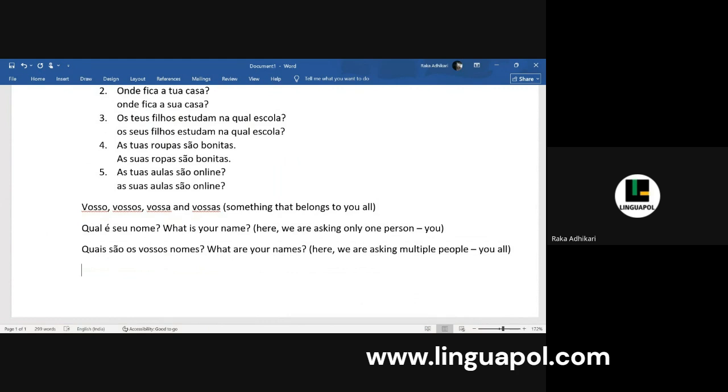In that case, we will use vosso, vossa like this. For example, eu adoro a vossa casa. I love your home. But you have to remember that this home belongs to multiple people.